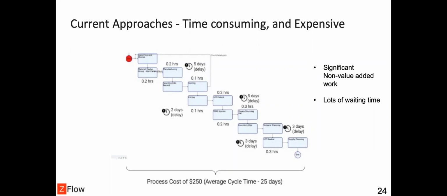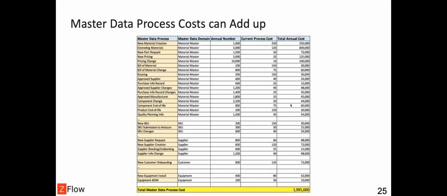And the cost can add up. Something like a new material creation and extension, we have seen some examples where it's approaching $200, $250, right? And it takes like 25 days by the time it's all done. So this is a common issue that we have seen because of how things are done.